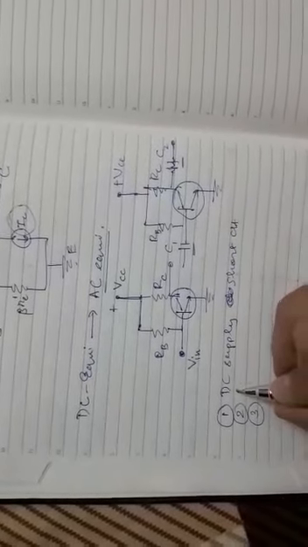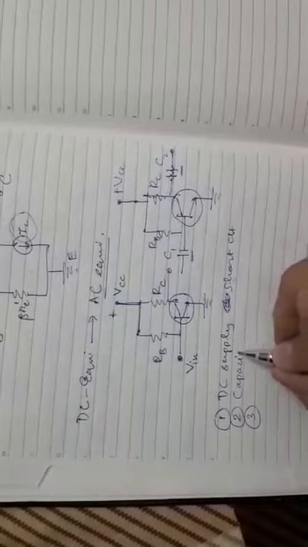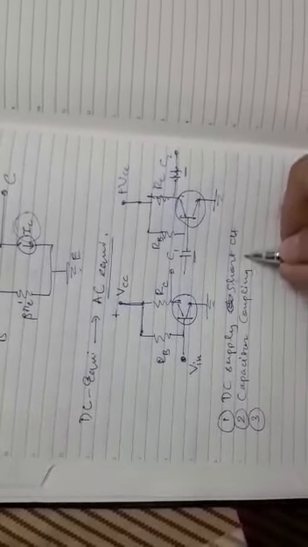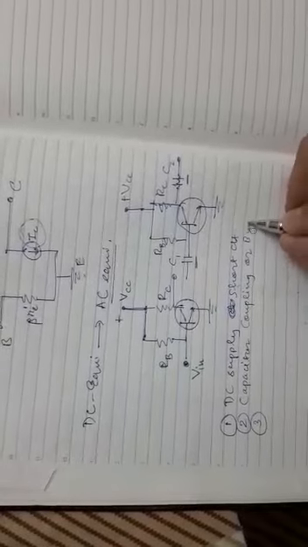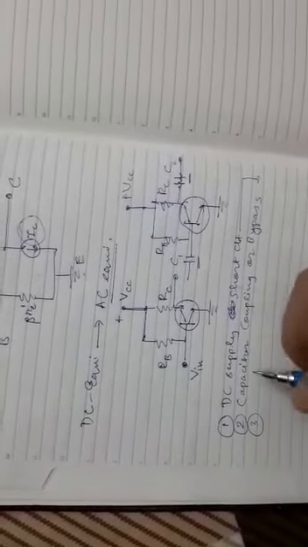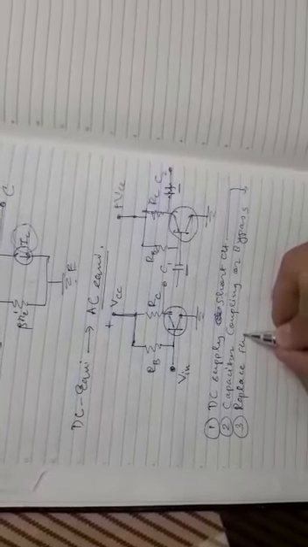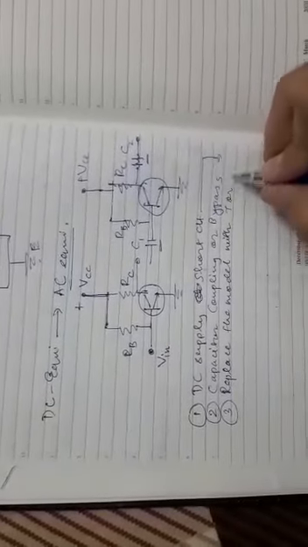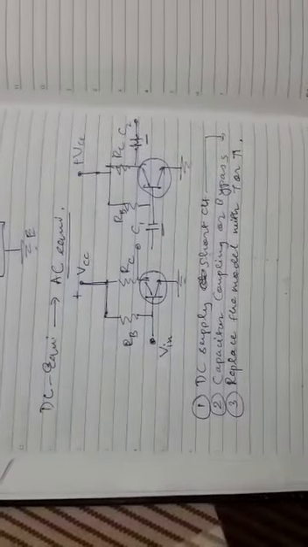Second: whichever capacitors are there, coupling or bypass, need to be short circuited. And third: replace the model with the T or pi model, as we have discussed the T model and pi model.